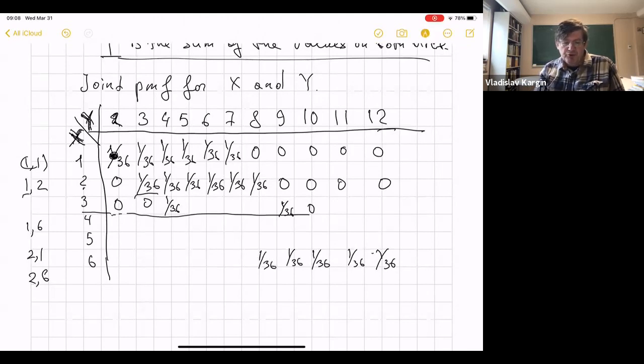Which one is not possible? It's 6 and 0, so that would not be possible. So we have 1/36 here, and 0 in this column.